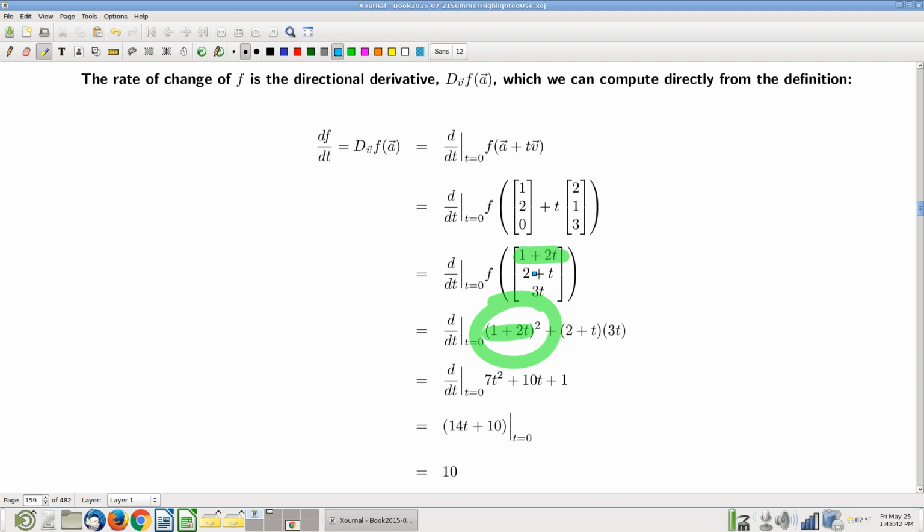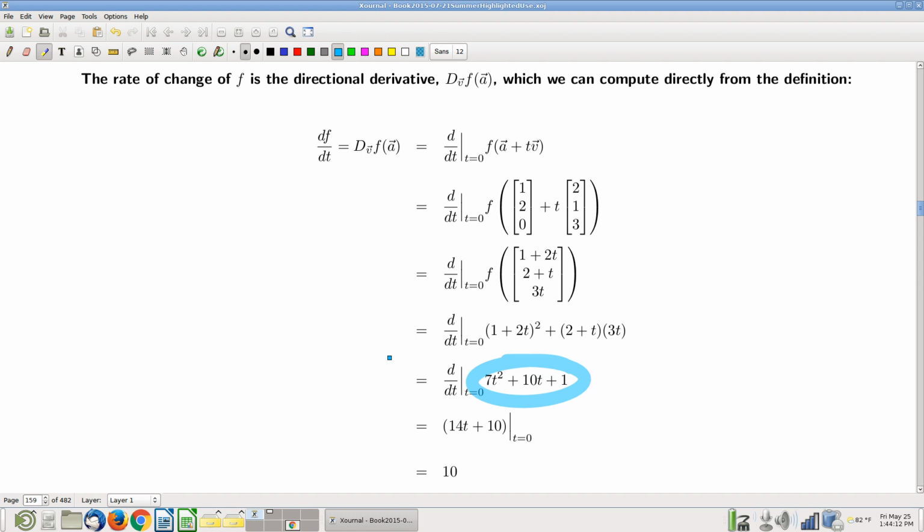And our second and third components, the y and the z, I'm multiplying there. So there's x squared plus yz. Just directly plugging into the function. And then you've got to do some algebra. Multiply that out, collect terms, whatever you've got to do, crank it out to get this expression.